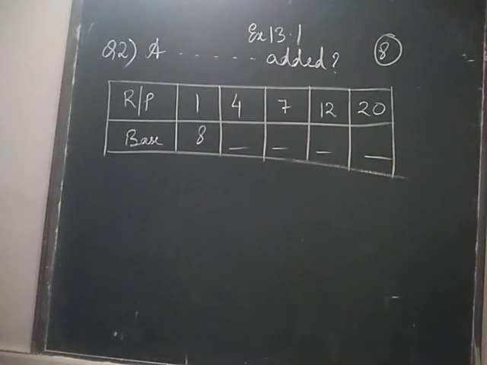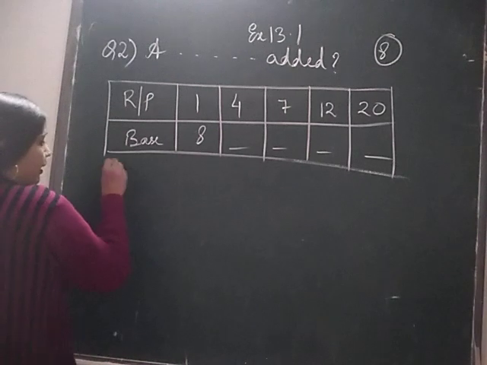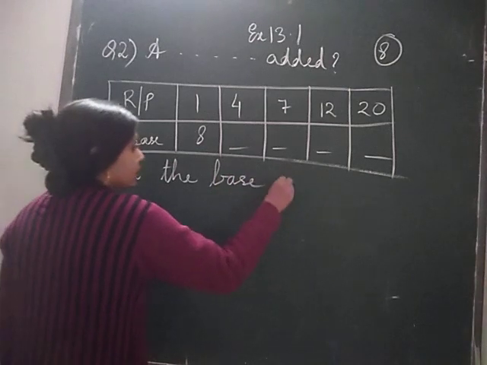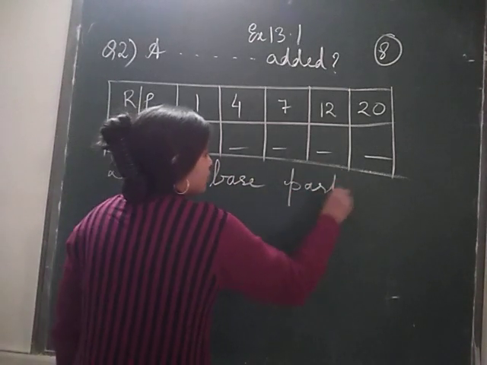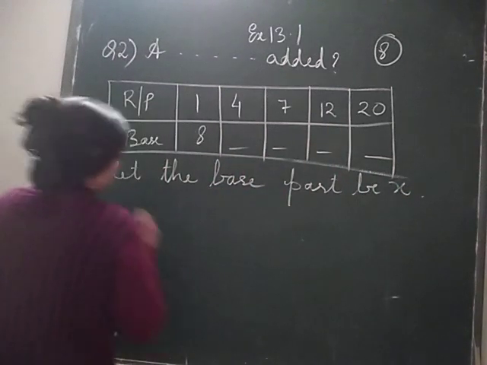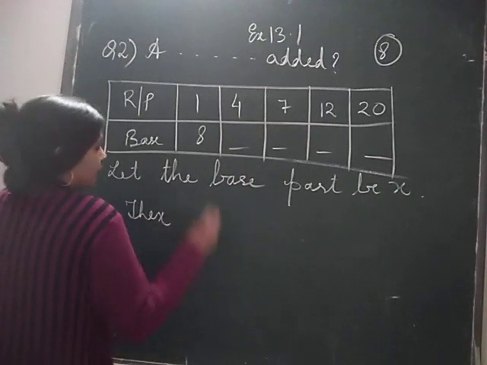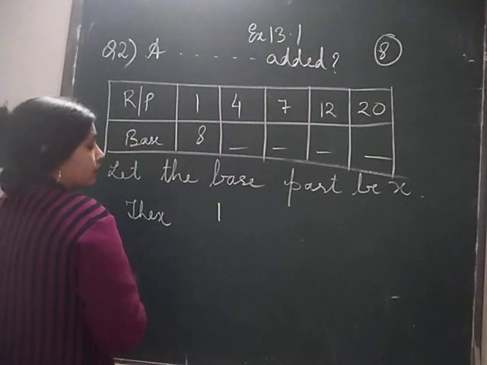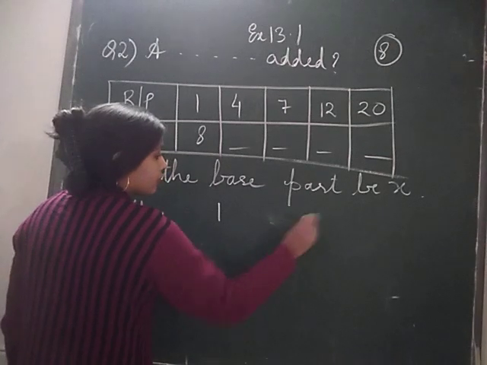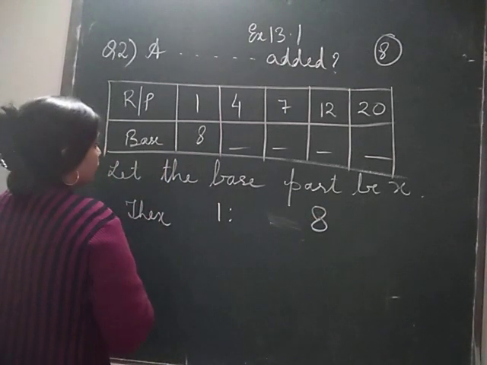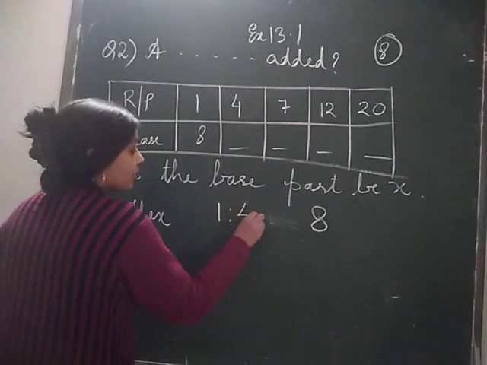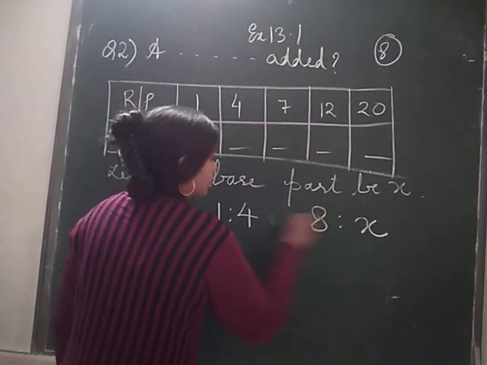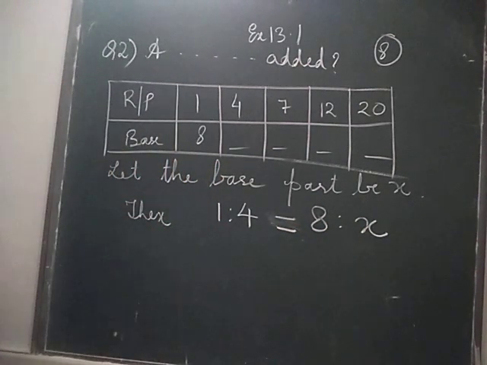So let's write, let the base part be x. Then when 1 part of red is mixed, the base is 8. And when 4 parts of red pigment are there, then the base is x.